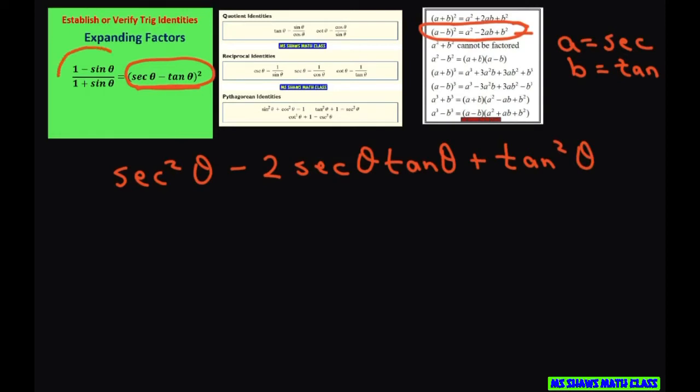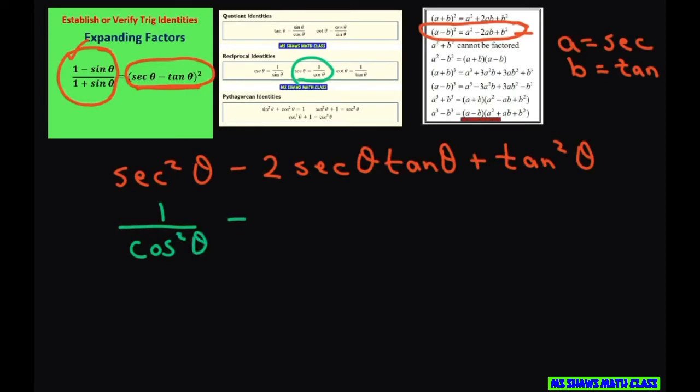And we'll just keep our eye on what we need. Always keep your eye on that. Now, let's write everything in terms of sine and cosine. So secant is 1 divided by cosine. Since it has a square, it's going to be 1 divided by cosine squared.